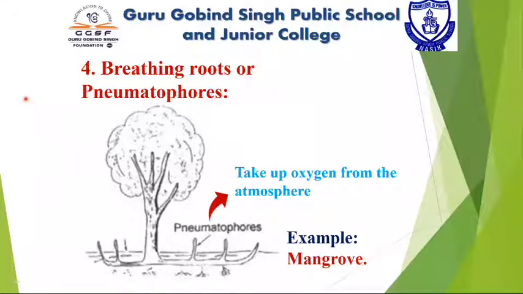Next type is breathing roots or pneumatophores. Used for breathing. Students, we all know that for all living things, oxygen is necessary for breathing, that is respiration. Underground tissues of any plant require oxygen for respiration, and in a mangrove environment, oxygen in soil is very limited or nil.